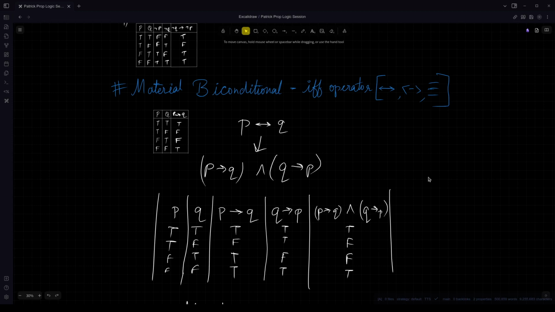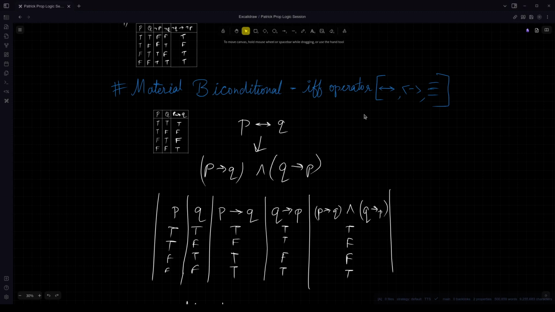Right, so the material biconditional is the fifth binary operator which we have covered so far, and it works with two variables, one on either side. That's why it's called binary. It's represented by an arrow going to the left and to the right, or the other symbols that we can see.